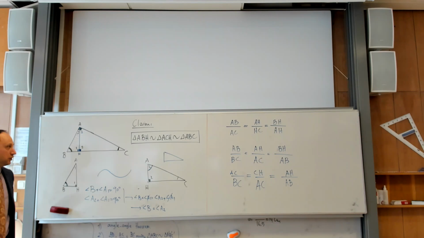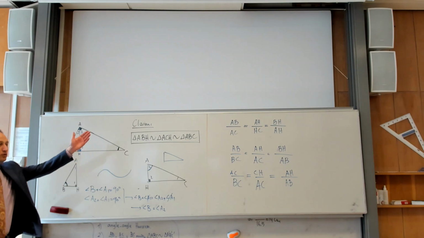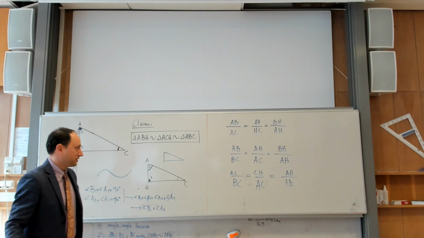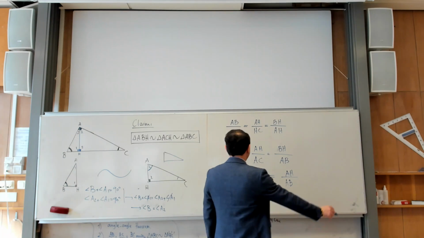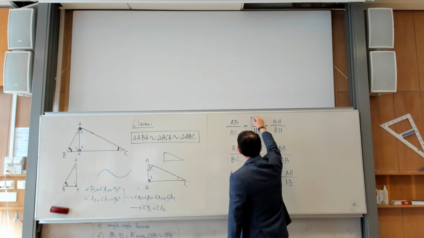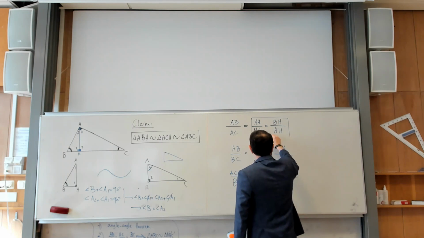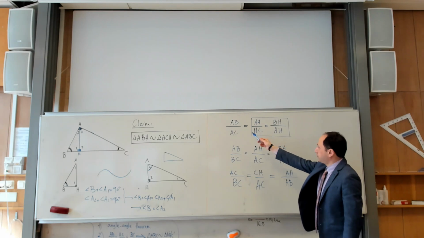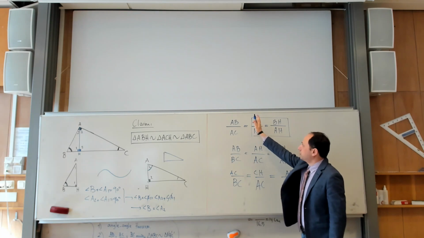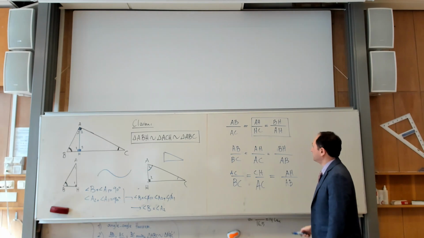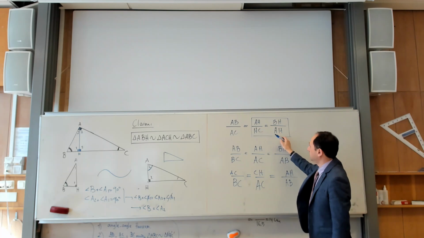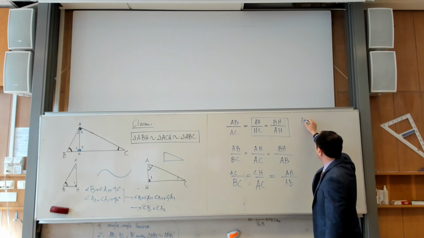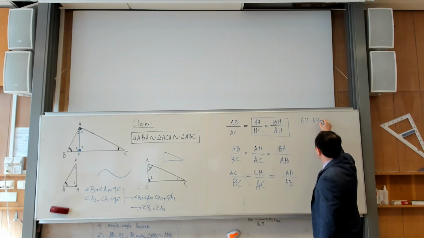Yes? Okay, but by the way, let us explore the consequences. Those are also very interesting ones. So for example, it's a very nice thing I want you to remember in a right angle triangle. Let us see what happens here. Of course, this is also equal to them, but forget about them. I don't need that piece of information. I want to focus here. Then AH times AH is equal to what?